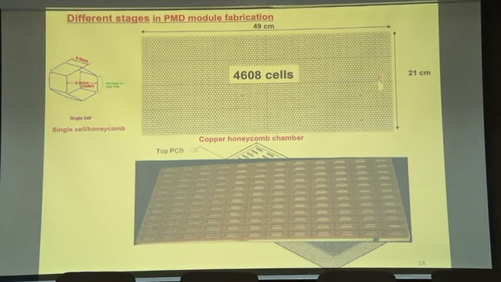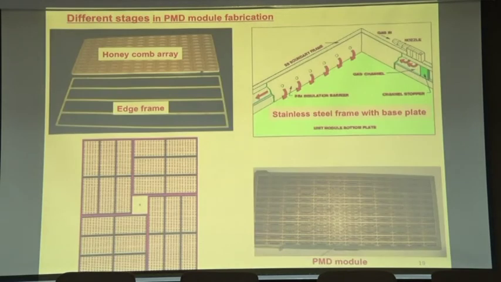PCBs are printed circuit boards, like you must have seen. And then you put some more stuff, and then everything is put inside a box, whose side is made of stainless steel, and there is a mechanism for gas flow, because all cells should be filled with some gas, right?